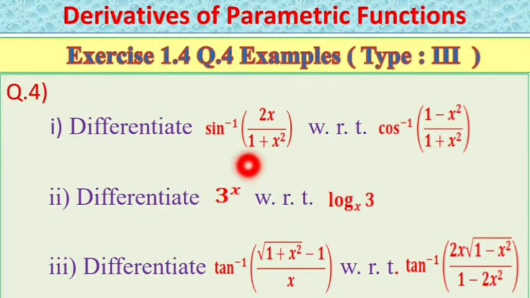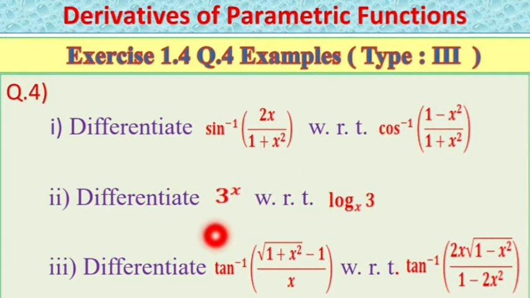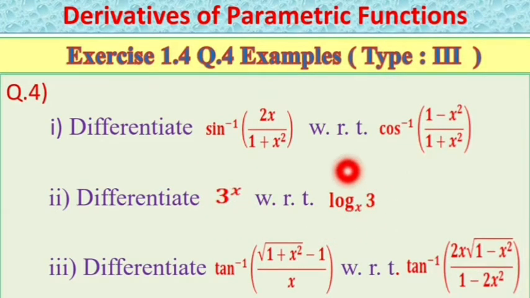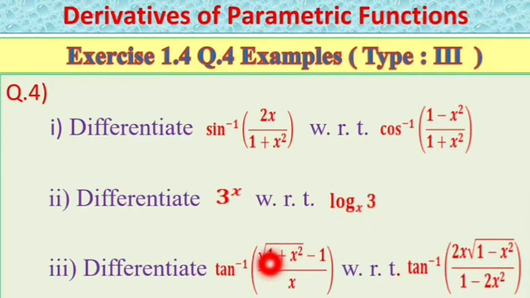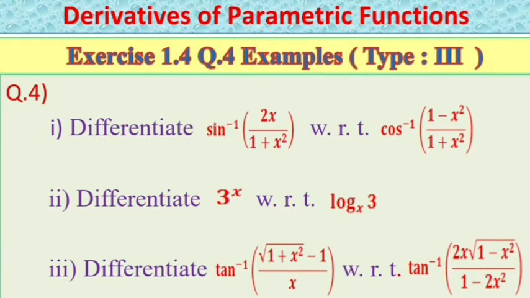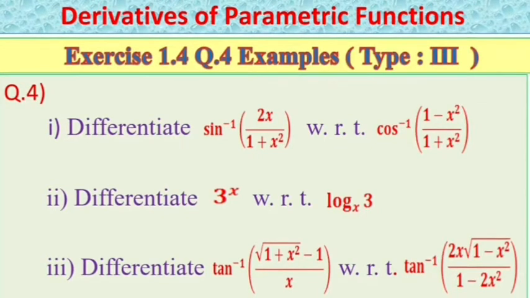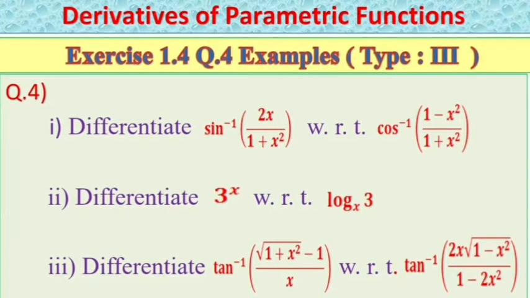Then we have to find u with respect to v. Similarly, in the second example, 3 raised to x is our u and log of 3 to the base x is our v. Then we have to find the derivative of u, that is 3 raised to x, with respect to v, that is log of 3 to the base x. And similarly in the third case also. Now we take the examples one by one, and discuss how to find the derivative of one function u with respect to another function v.